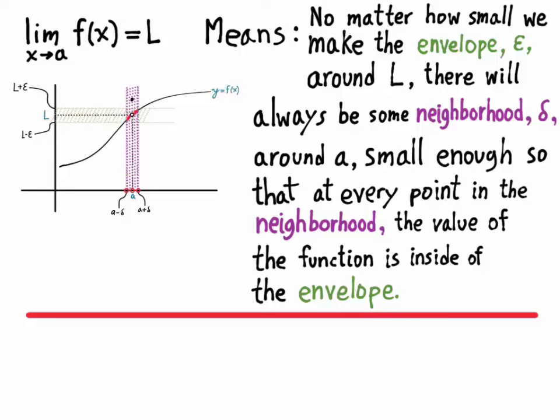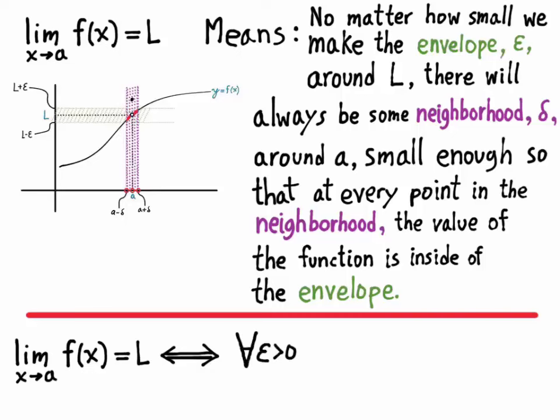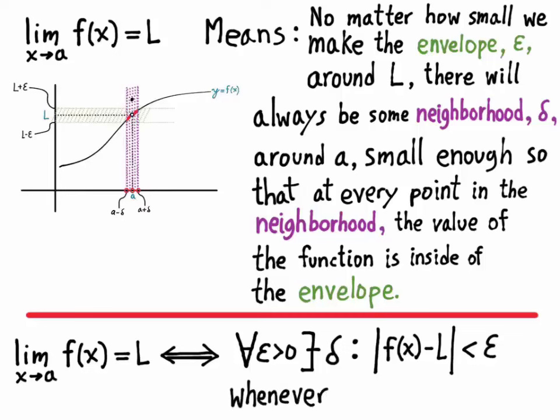Symbolically, if we want to write that in symbols, we would say the limit as x approaches a of f of x equals L means no matter how small we make the envelope, that is for every possible positive value of epsilon, no matter how small, there will exist some neighborhood size delta such that the functions inside the envelope, that is the distance of the function from L, is within epsilon whenever we are inside of the neighborhood. 0 is less than absolute value of x minus a is less than delta.